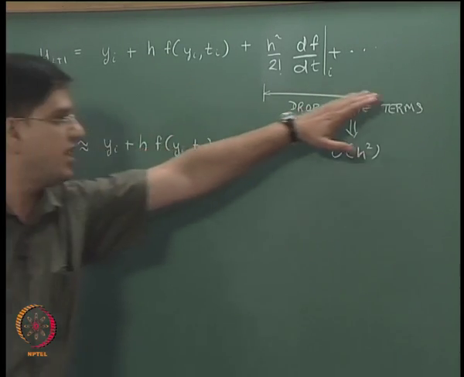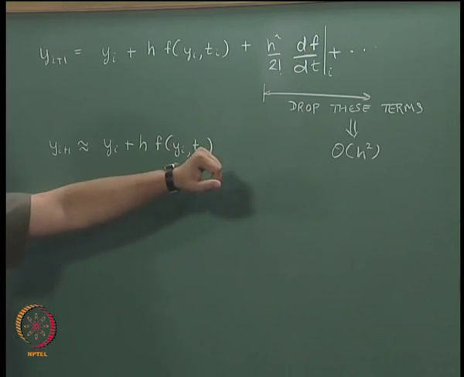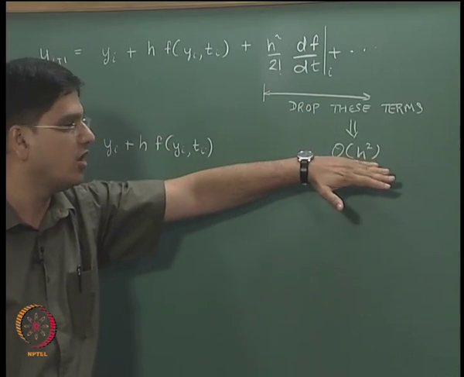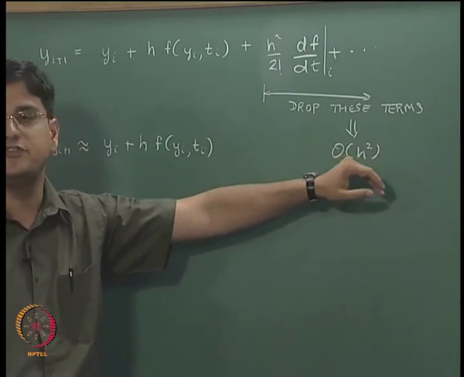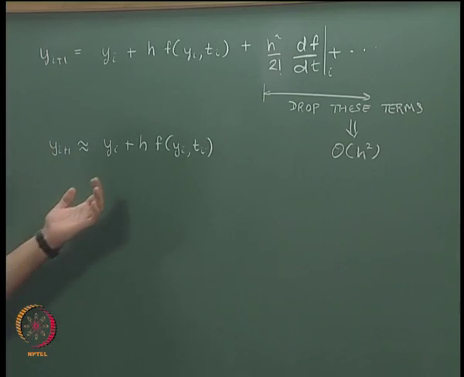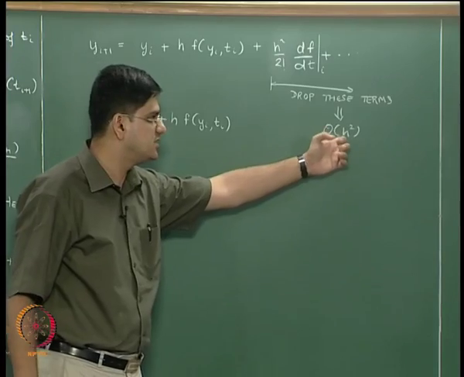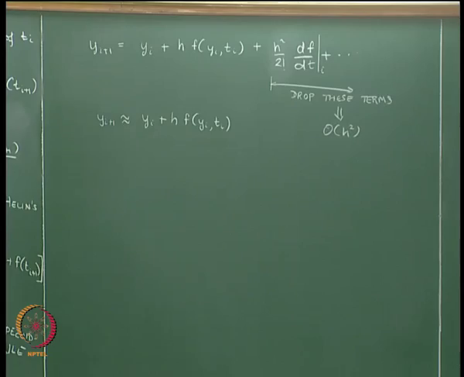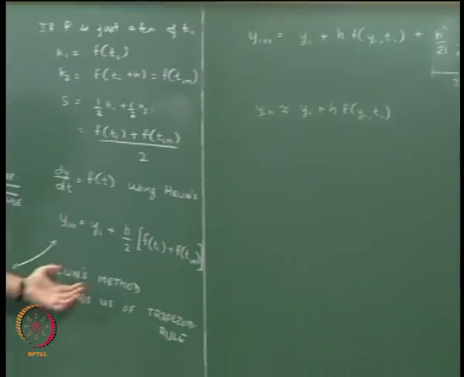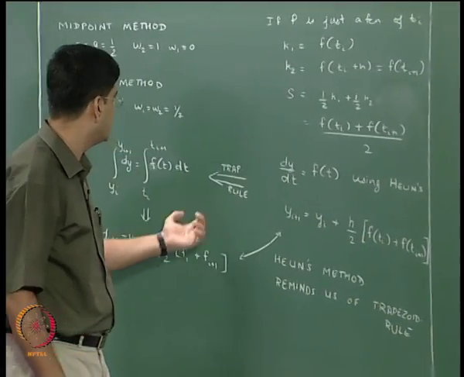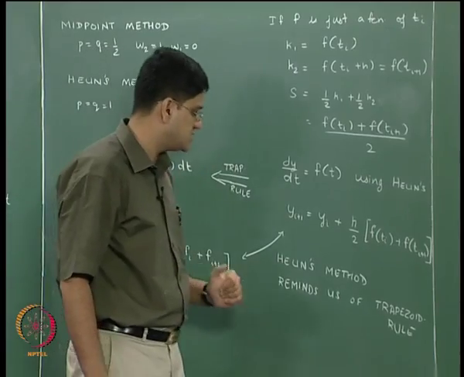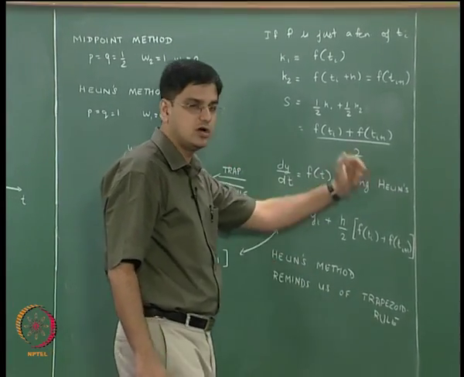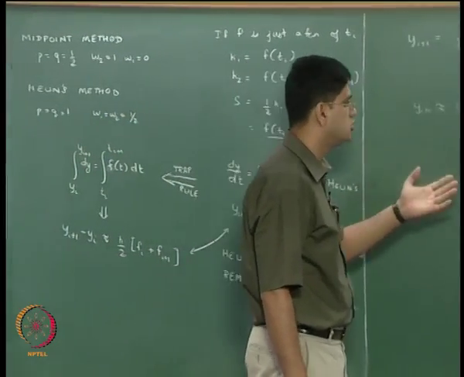Okay. And we have dropped these terms, so the accuracy of Euler's explicit method is of the order of h squared, whereas the RK2 method is h cubed accurate, that we had derived in the previous lecture. Like the trapezoidal rule, our Heun's method also is h cubed accurate.